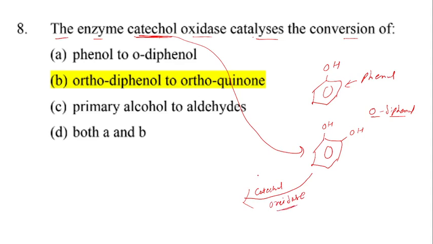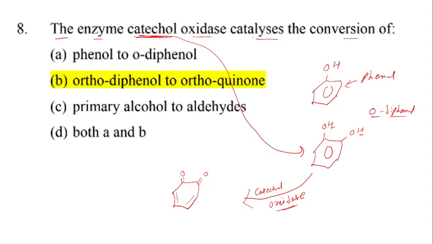When catechol is oxidized, these 2H will be removed, and it will form a compound like that. Now you need to satisfy the remaining carbon valency, so this type of compound will be formed.